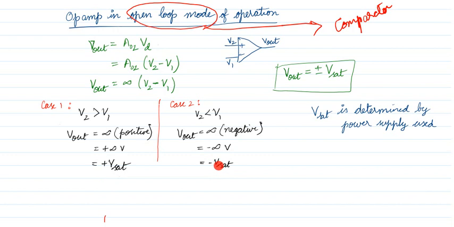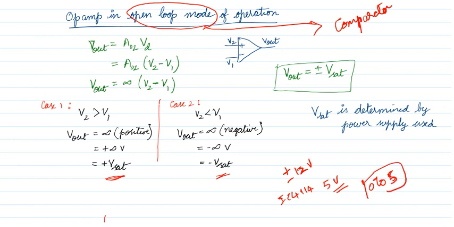Okay, and remember, if you are using a power supply of plus or minus 12 volt, that is IC Opamp 741, so the maximum output is plus or minus 12 volt. If you are using an Opamp IC 4114, this Opamp has only 5 volt, so the output is 0 to 5 volt.